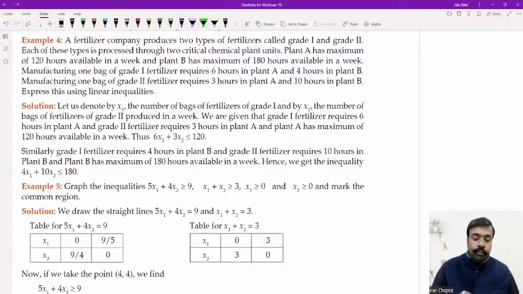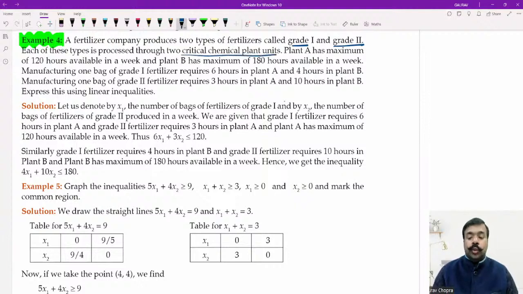So example number 4, we are going to start. Example number 4 says a fertilizer company produces 2 types of fertilizer, grade 1 and grade 2. Each of these types is processed through 2 critical chemical plant units.